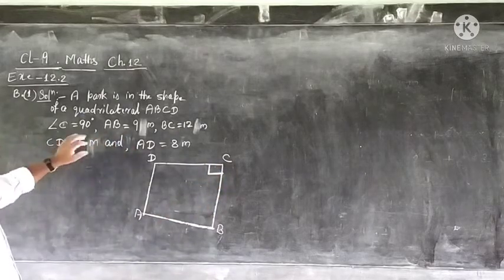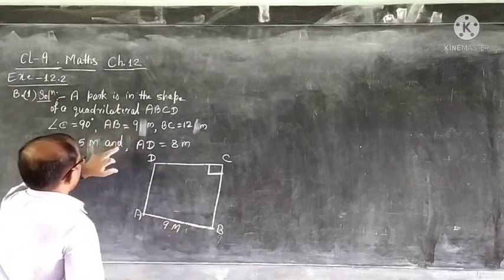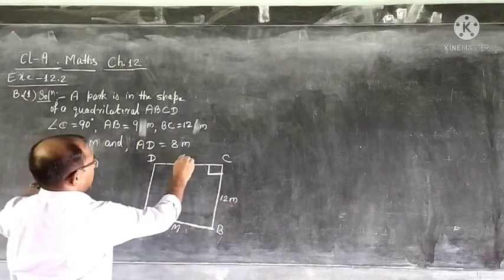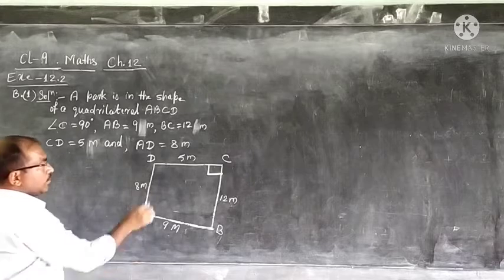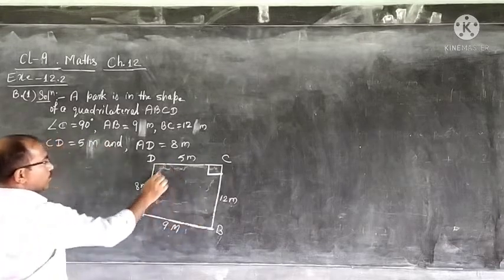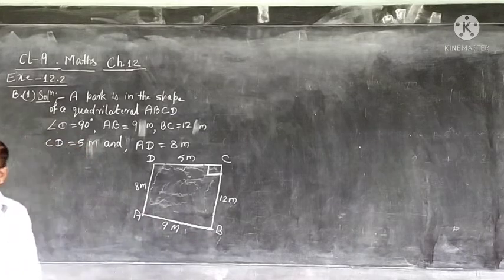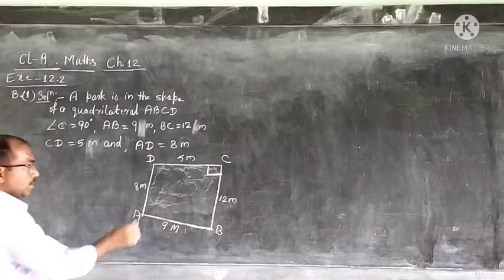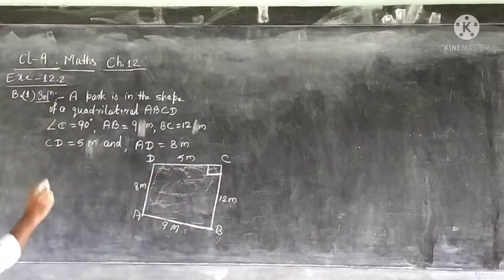Then the dimensions: AB 9 meter, BC 12 meter, CD 5 meter and AD is 8 meter. What we have to find? How much area it occupies, the area of this figure or park.